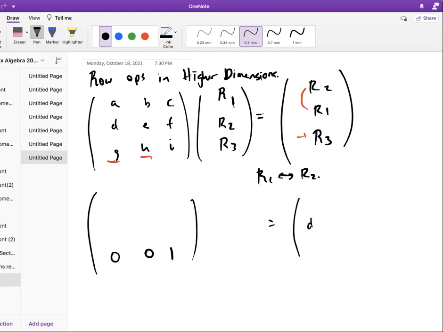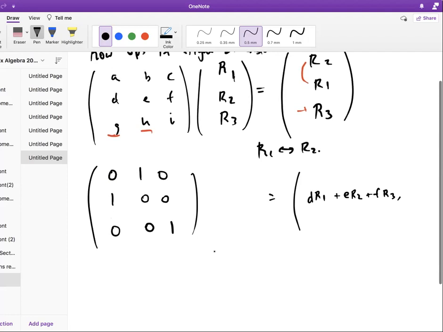It would be D row one plus E row two plus F row three. So 1, 0, 0, yeah. And then what's the first row? That one is 0, 1, 0, yeah. So, and that's it.